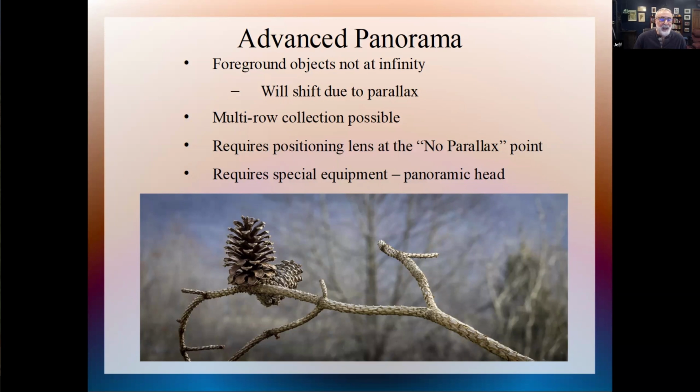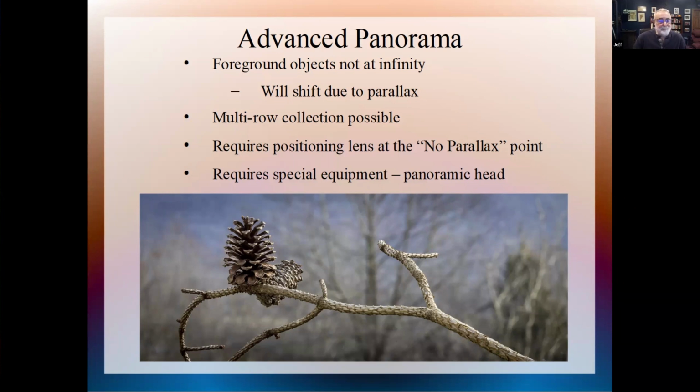If you think about looking in the front of your lens, and you see the aperture inside your lens, that's the no parallax point. And it moves based on what focal length lens you're using.